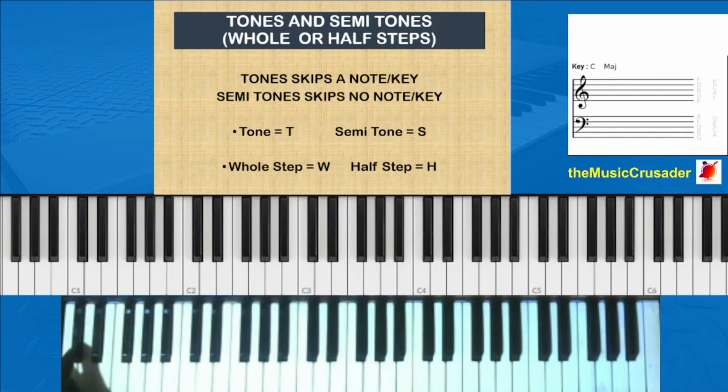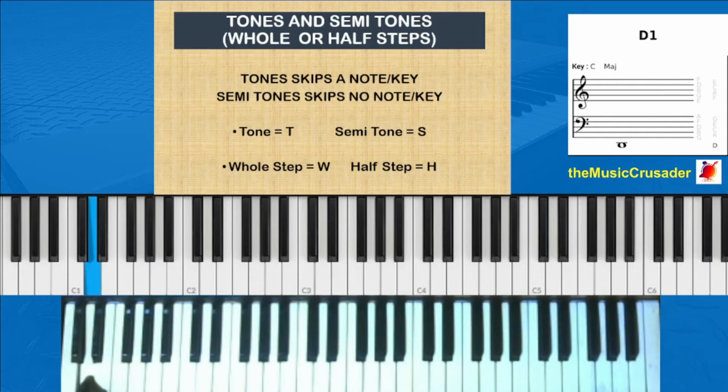That means I have to skip this one, C sharp, and come to D. So moving from C to D is a tone, or in other words, moving a whole step. From here to here, I'm skipping this black key. So that means I'm moving a tone.